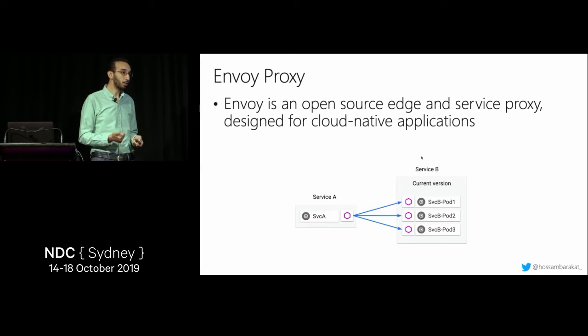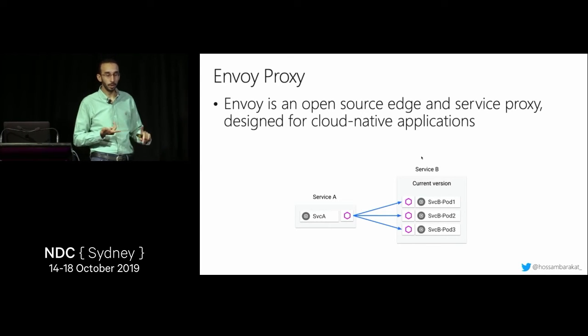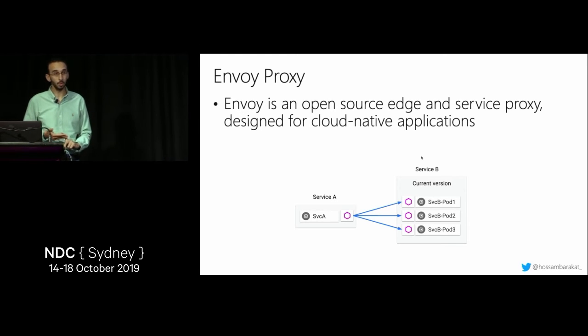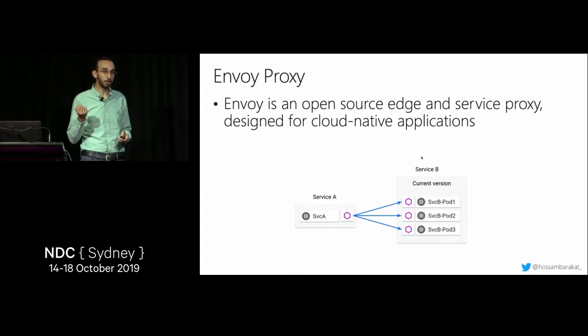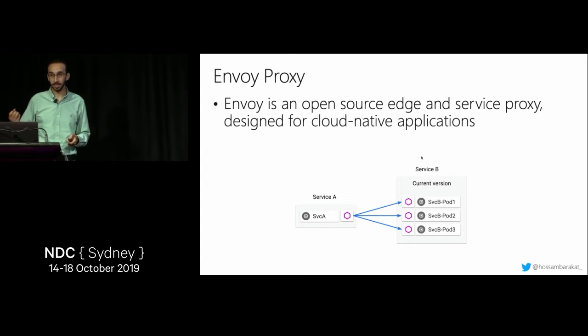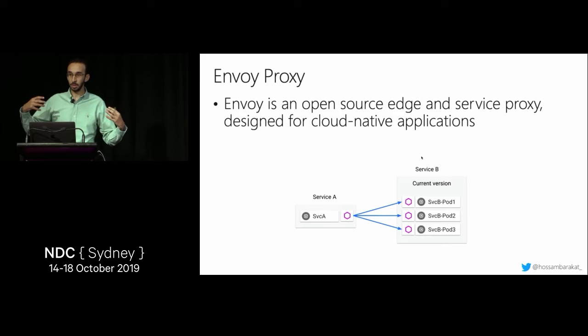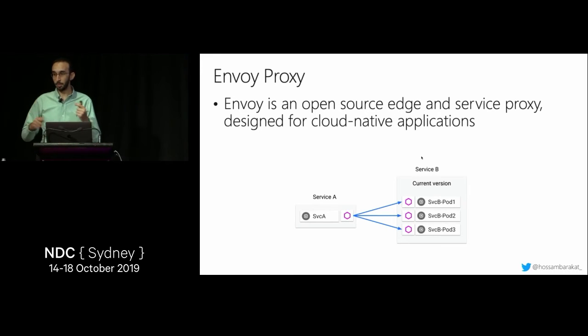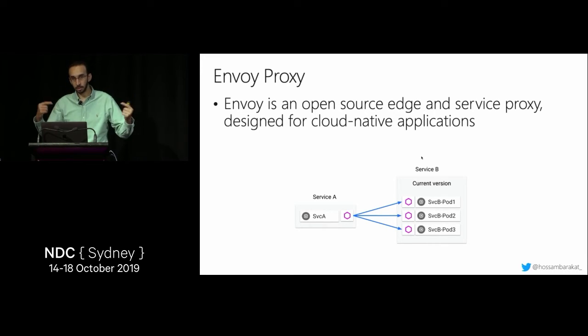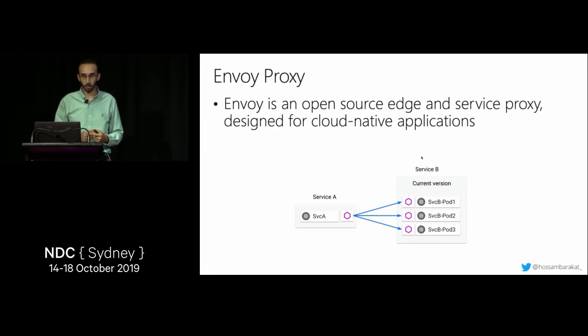It supports many protocols: HTTP 1.1, gRPC, HTTP2, TCP. It's really powerful because it also has HTTP level 7 capabilities, so we can intercept the requests themselves and apply traffic rules based on the content or the headers of a particular request.